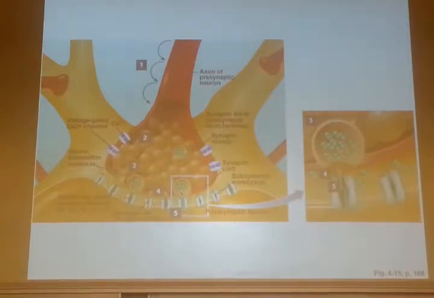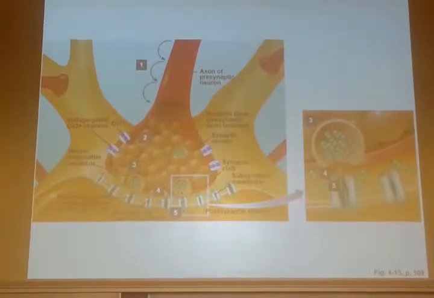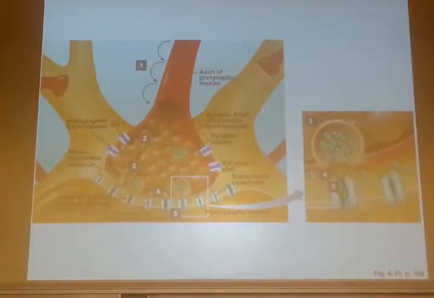So that's somebody's romantic description of this type of vesicular exocytosis. You kiss the membrane open enough to let a little bit of neurotransmitter out, then the vesicle fuses again and pulls away from the plasma membrane.